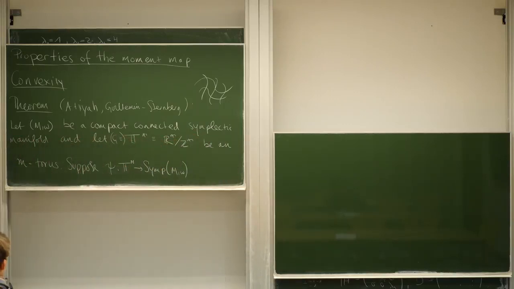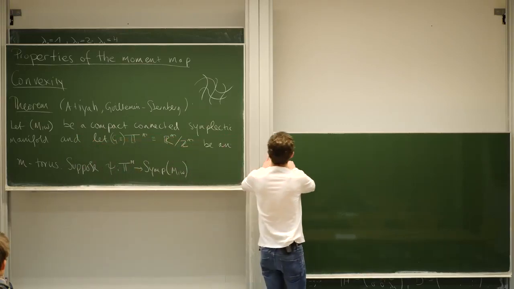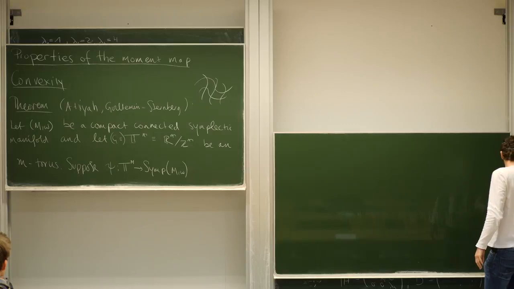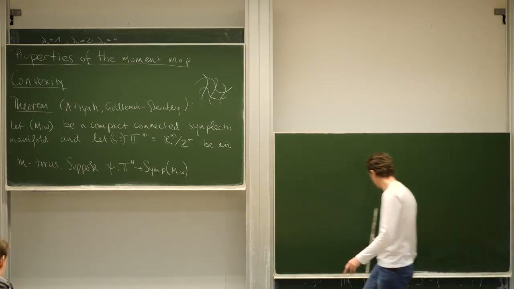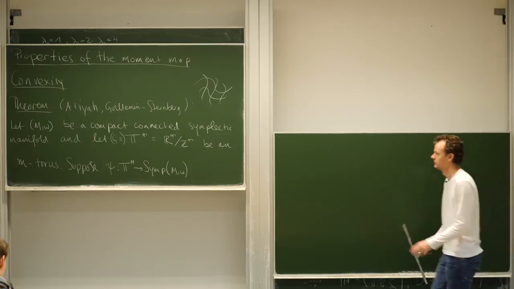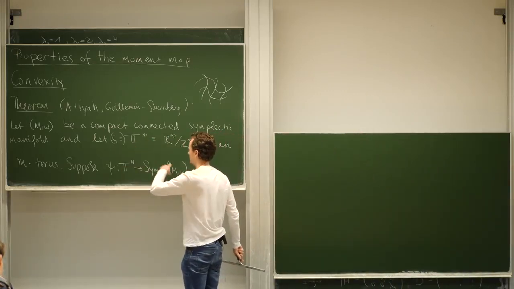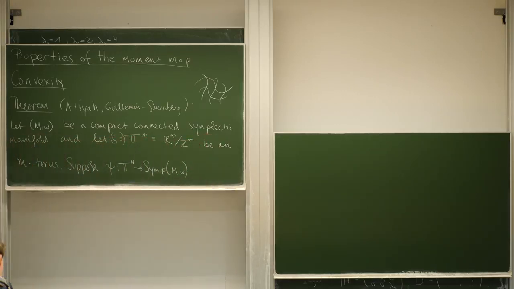We see what happens. So to every one parameter subgroup of the torus, there's a circle action now on the manifold. We can associate with that action a vector field, and then the moment map is the object which gives us the Hamiltonian for that vector field.